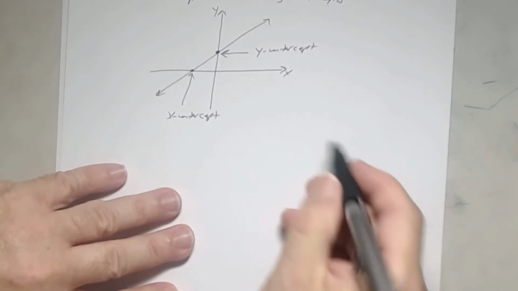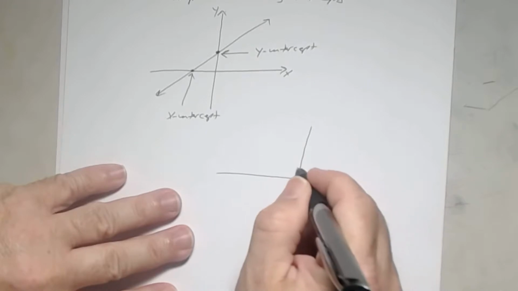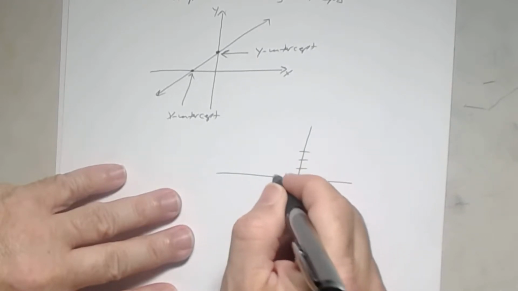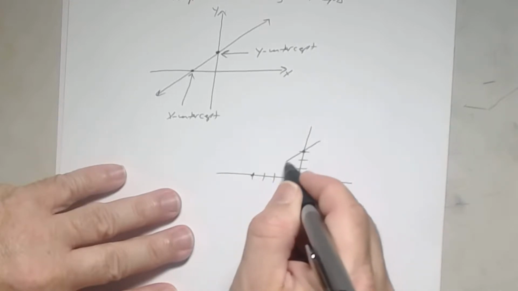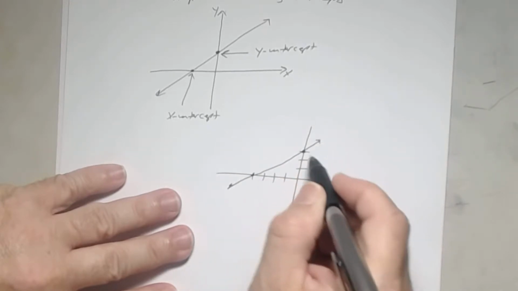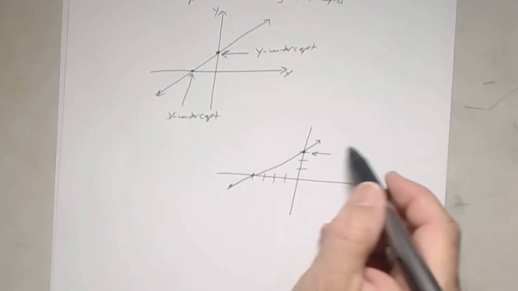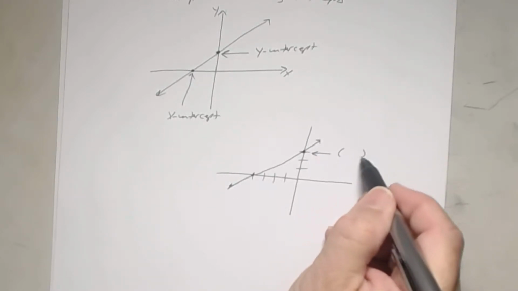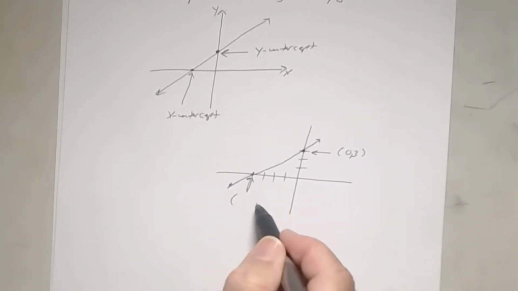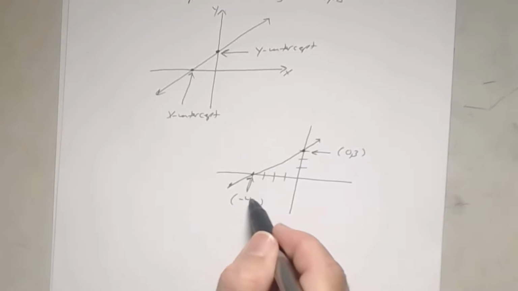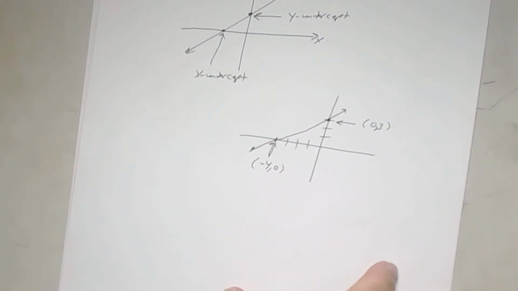All right, and then when you think about this, let's say you have this and this. In this particular case, what is the y-intercept here? 0, 3. What is the x-intercept here? -4, 0. Right. So make sure you put 0 in the right place.